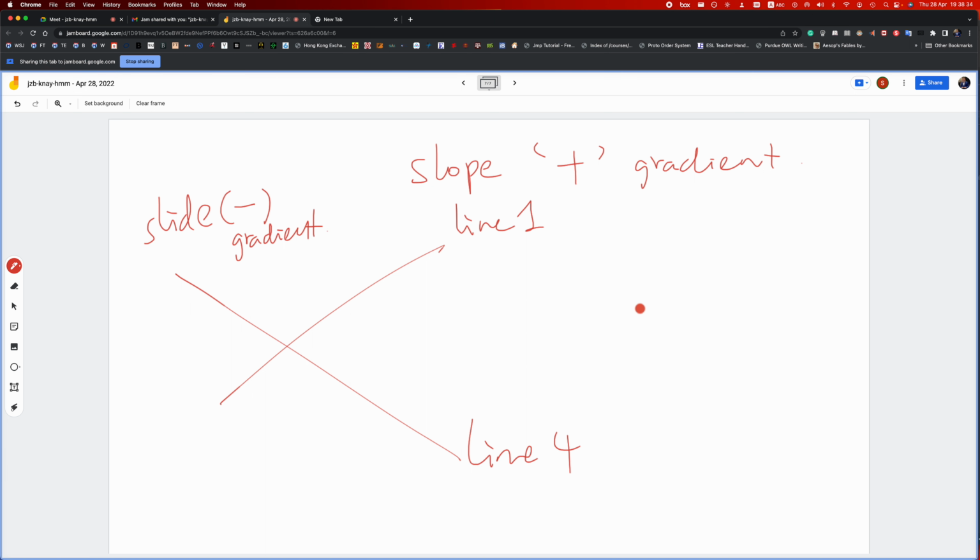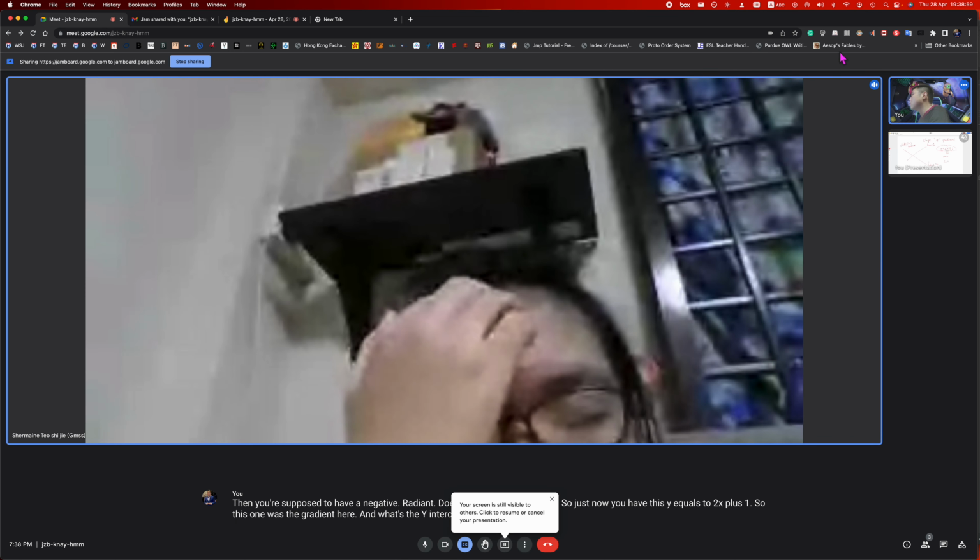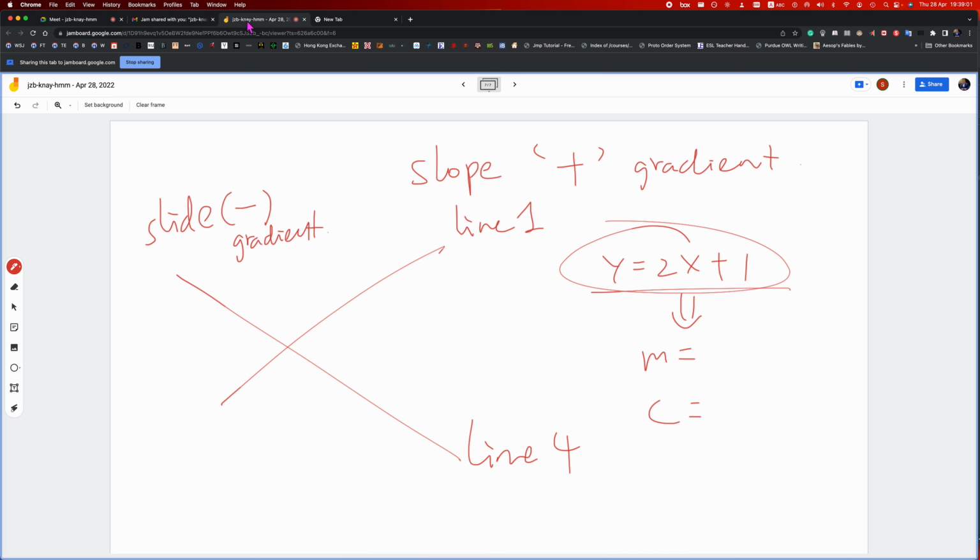Okay, good. So just now you have y equals to 2x plus 1. What's the gradient here, and what's the y-intercept? 2 and 1. How do you read it?